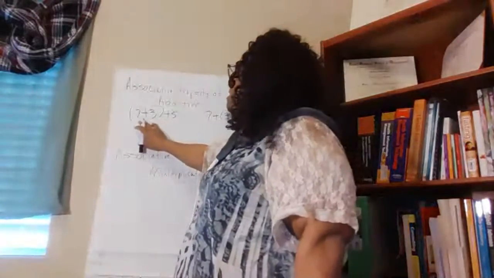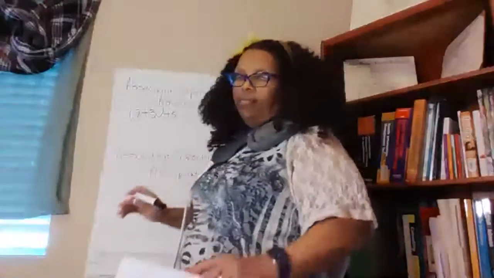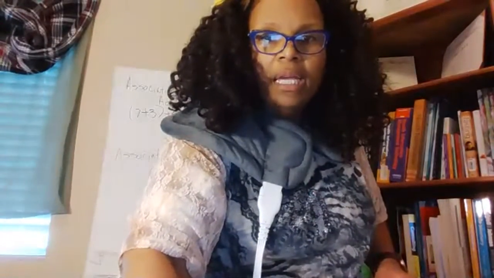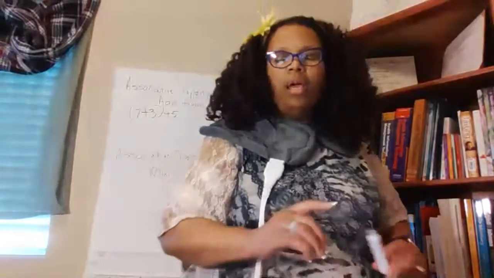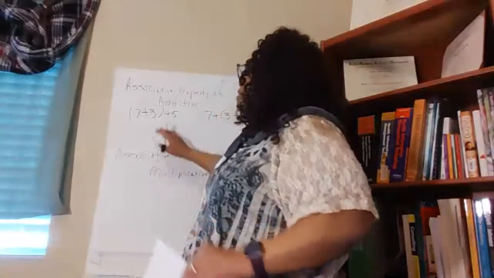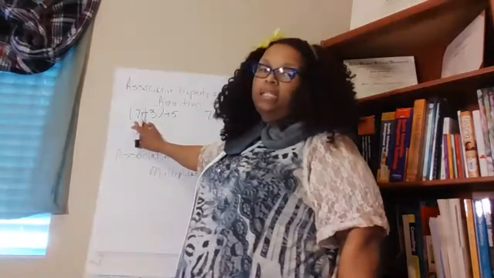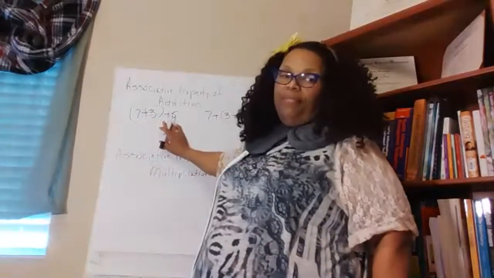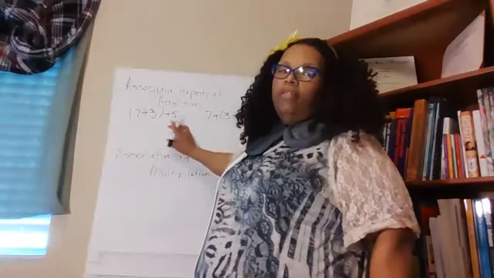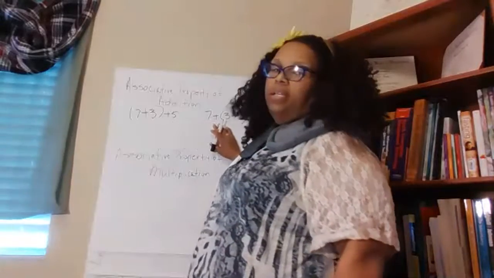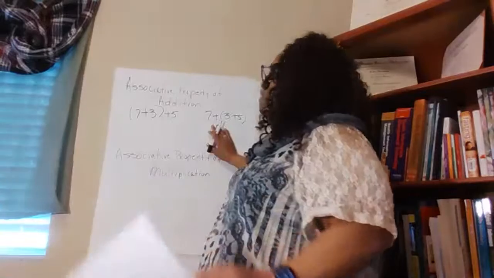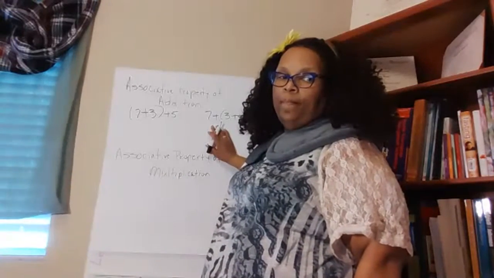Basically, these set of numbers are the same, okay? I wrote down what he just said on the video here. But you can rewrite it. So put in parentheses 7 plus 3, in parentheses, plus 5. And then on the other side, put 7 plus 3 plus 5 in parentheses.